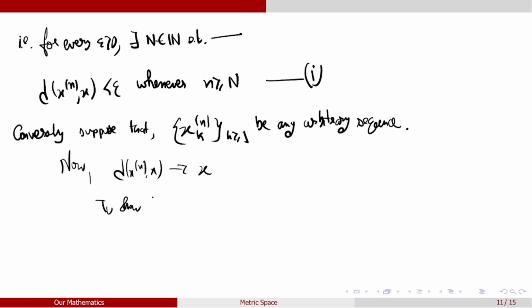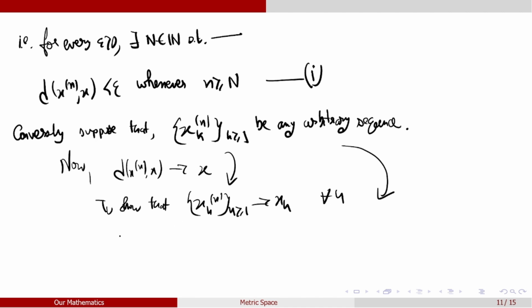To show that xkn converges to xk, this is what we have to show for all k. We are taking an arbitrary sequence. Now d of xn comma x is the summation of 1 by k square times the minimum of xkn minus xk comma 1.